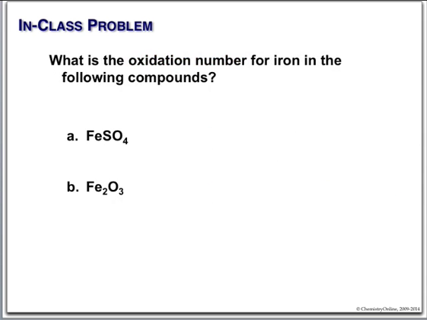Let's do our iron compounds. This one wasn't on our list. This is sulfate, isn't it? But what's the oxidation number of the iron? Well, sulfate, we all remember now, is -2. If this is neutral, the iron must be +2.